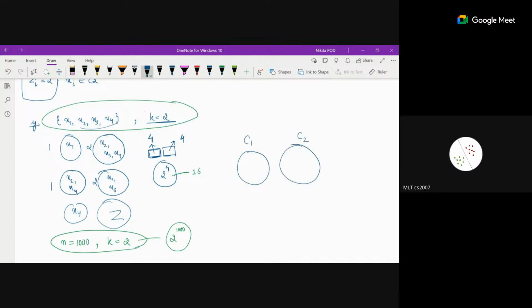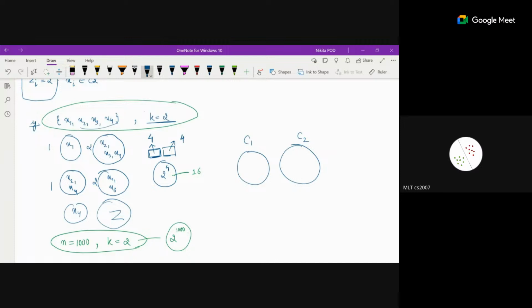Though I have these many choices, how do we determine which data point goes into which cluster, right? So for that we need a metric to evaluate. And this is quite intuitive also.